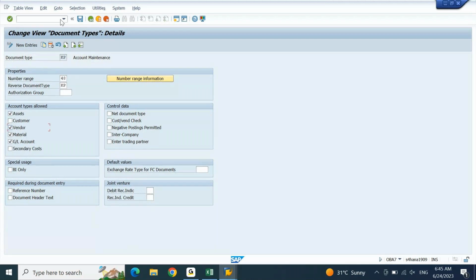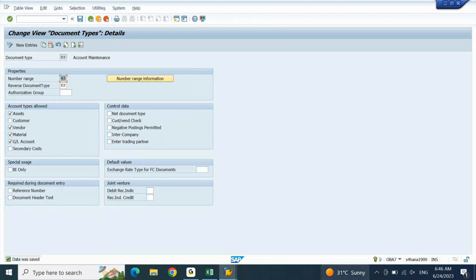According to these checkboxes, whenever you use document type KP, you can either select asset account, material account, GL account. So vendor account is unselected. That is why it is not allowing us to pass this entry because we are using a vendor account number. Tick this vendor, click on save.